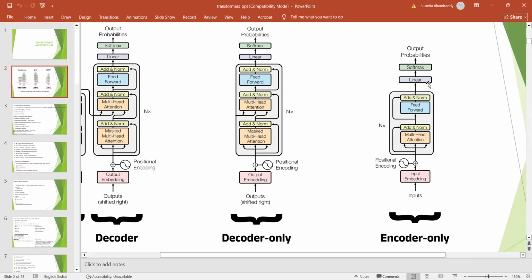The linear layer is used to produce the vocabulary size, and then we are converting it with the softmax here, converting all the scores into probabilities, so the word with the highest probability will be chosen, right? So this is how it will work.